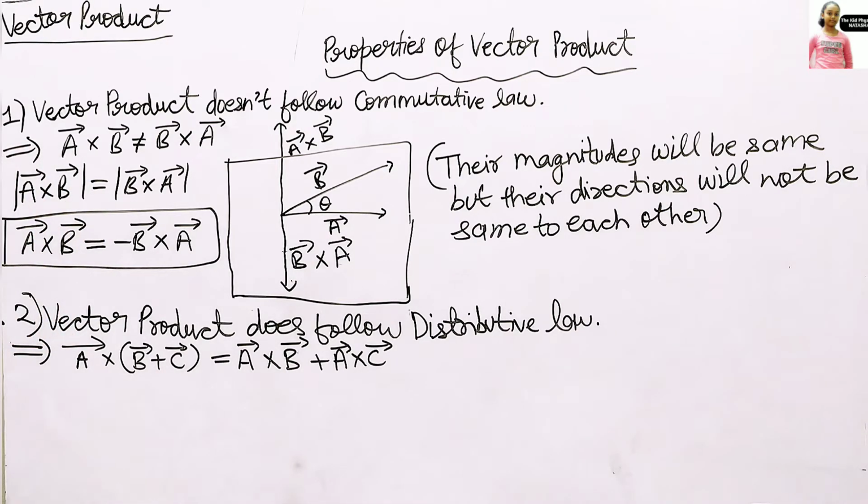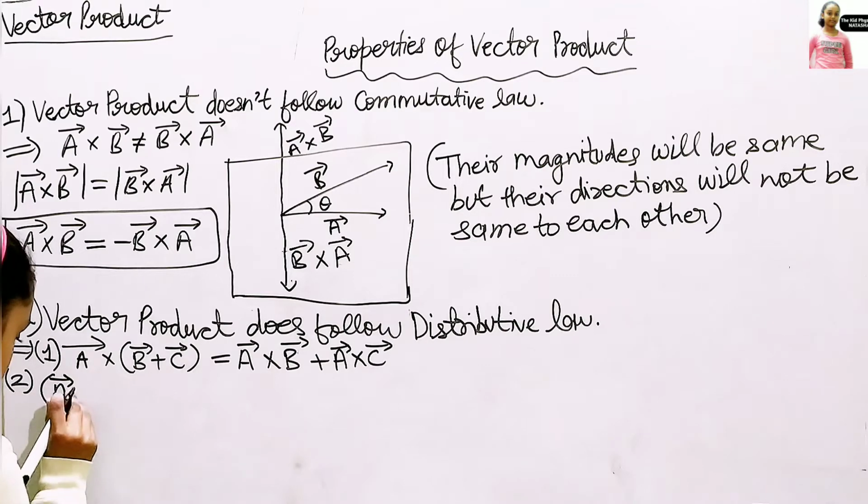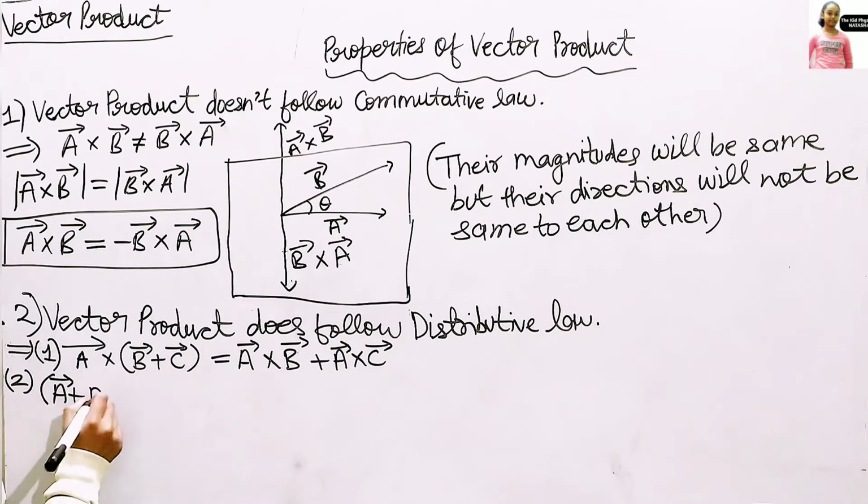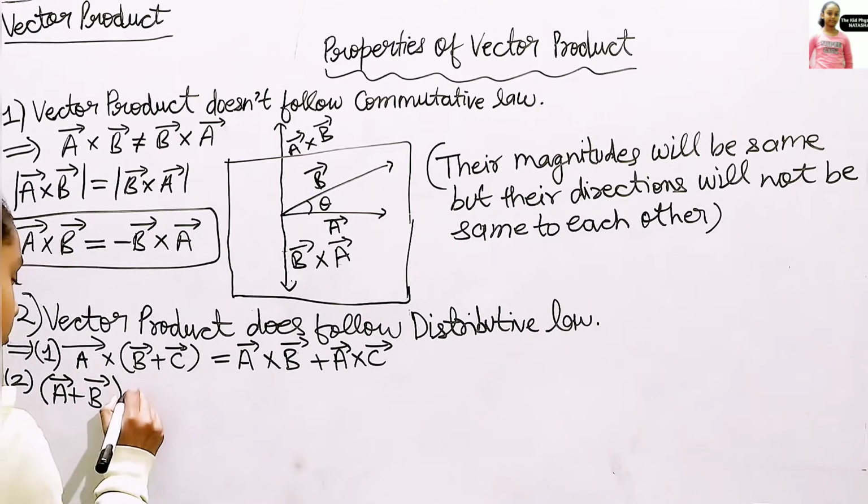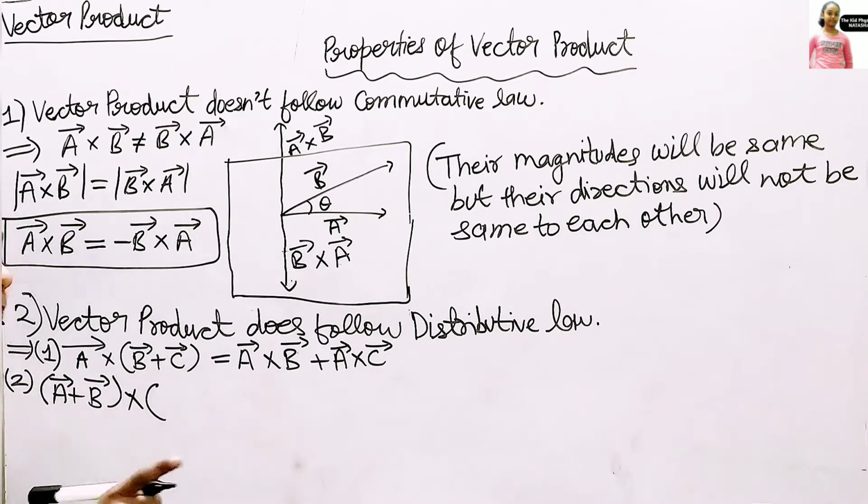Yeah, so now let's take a bigger one. This was the first one. Now let me take the second one: vector A plus B cross vector C plus vector D. Always remember we have to say cross, not multiply.